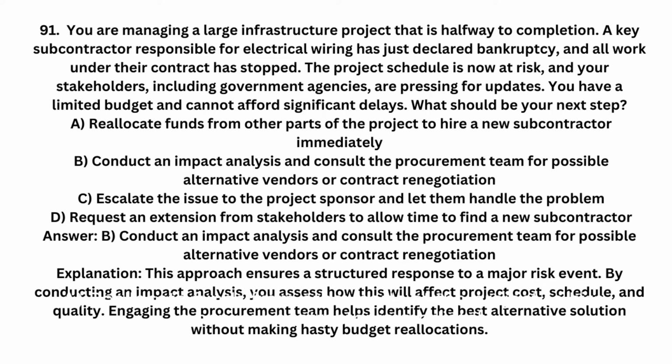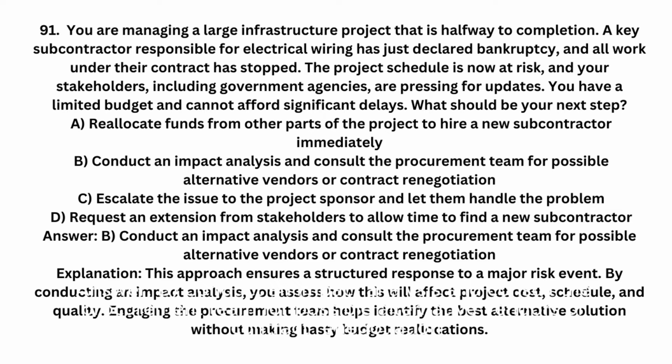A. Reallocate funds from other parts of the project to hire a new subcontractor immediately. B. Conduct an impact analysis and consult the procurement team for possible alternative vendors or contract renegotiation. C. Escalate the issue to the project sponsor and let them handle the problem. D. Request an extension from stakeholders to allow time to find a new subcontractor.